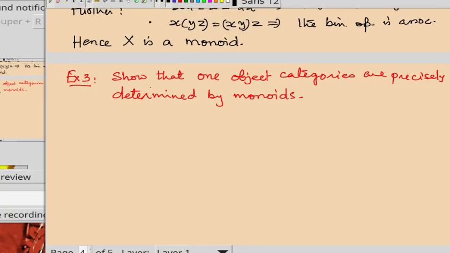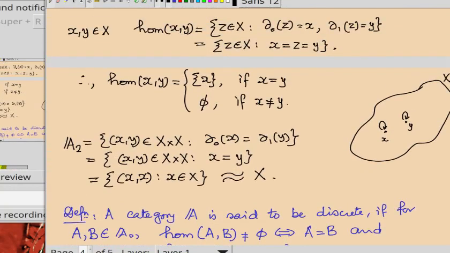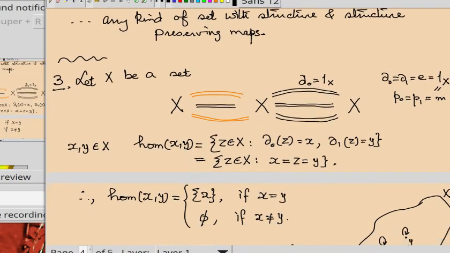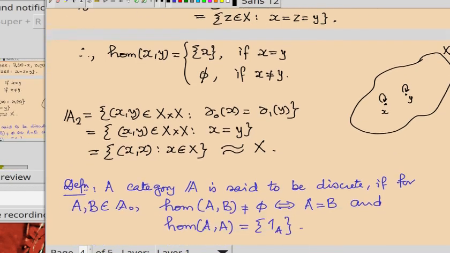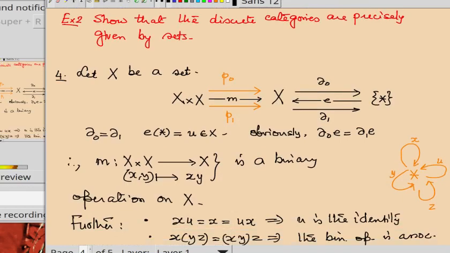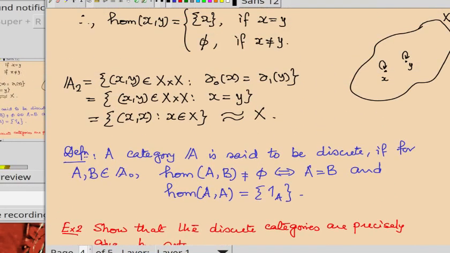So we have now seen two extreme cases: when the set of morphisms can be made very trivial, and that's the discrete case, and when the set of objects can be made very trivial, the singleton case, and hence we have monoids.